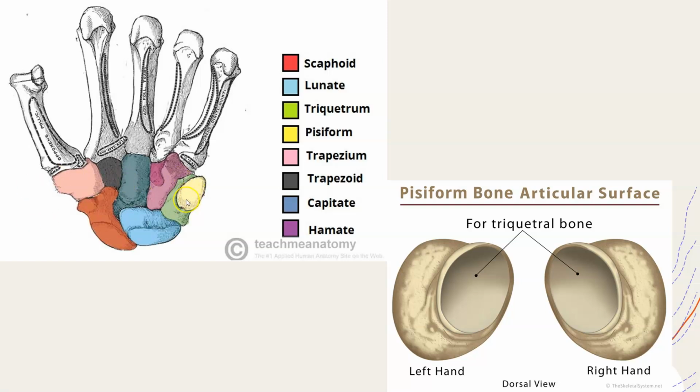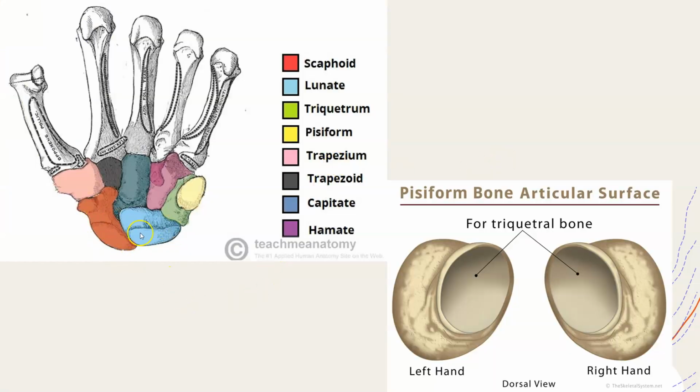This is highly movable. You can actually grasp it. You will be palpating it in lab, and it can actually move. That's our proximal row: scaphoid, lunate, triquetrum, and pisiform. That's considered your proximal row.